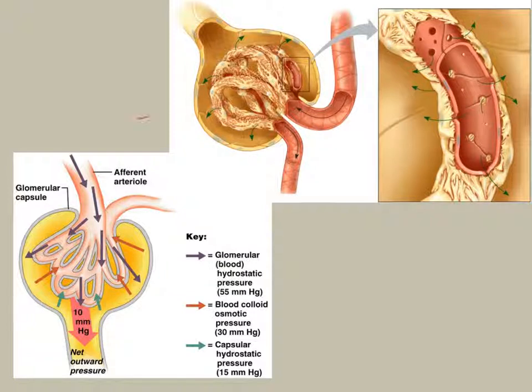This picture on the top is just showing you the afferent arteriole coming in and the capillaries that we can't see in the glomerulus. Surrounding them are a particular kind of cell. We've got specialized cells known as podocytes that make sure no large molecules, say a red blood cell, come out, because the capillaries in the glomerulus are very, very leaky.